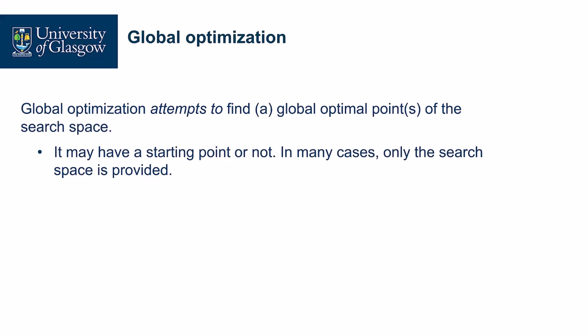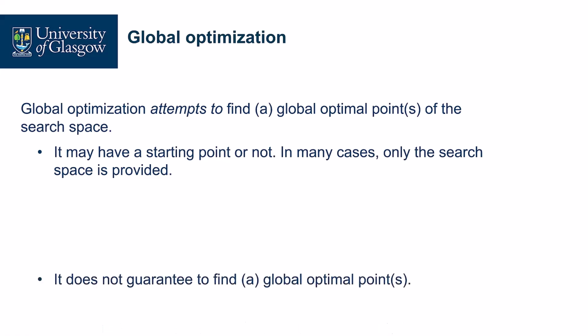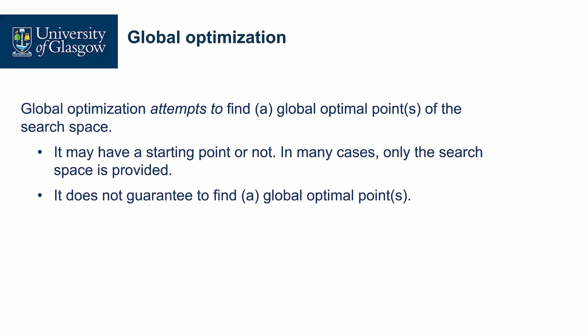And also when we carry out global optimization, we don't guarantee we will find the global optimal solution. Remember this. We try to obtain the global optimal solution, but we may not. The algorithm may have some operators to avoid being trapped in local optimum, but we can't guarantee we can find the global optimum when we carry out global optimization.